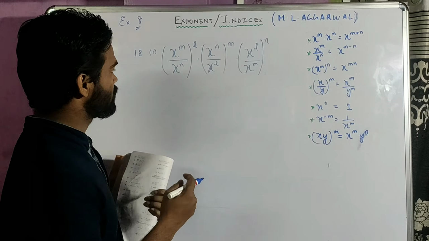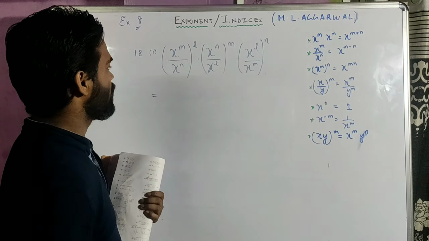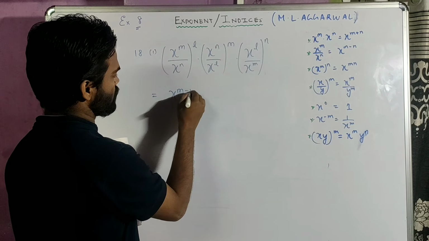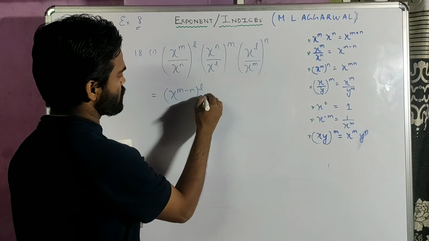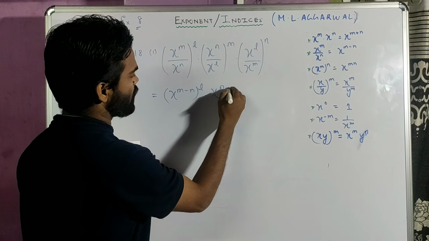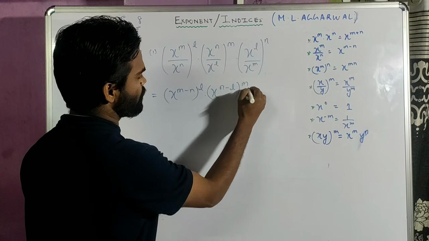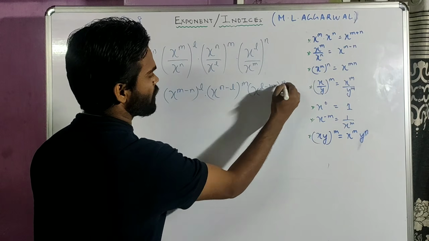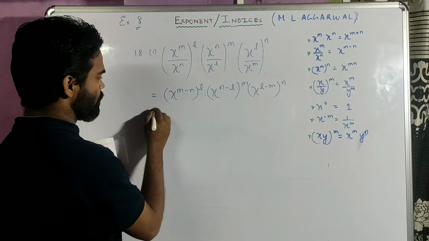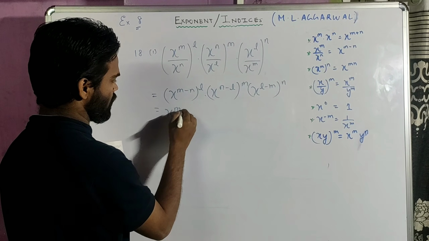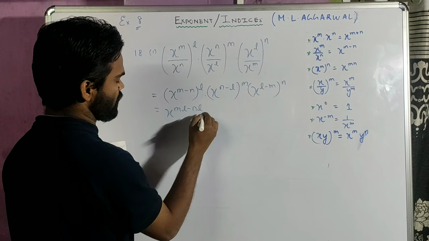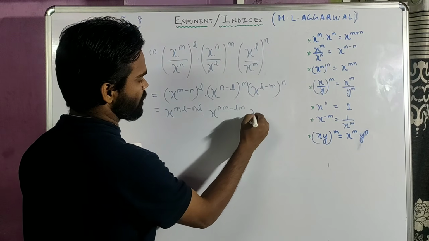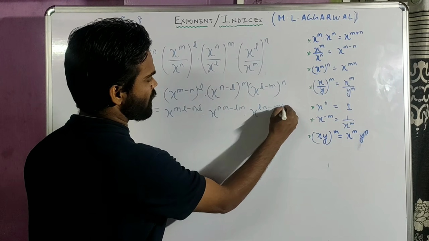Now look at this sum. Simplify this. Now we know if base is the same, you can subtract the power. So this is same over here, n minus l to the power m, same minus over here. Now when you simplify this, the power gets multiplied, so this becomes x to the power ml minus nl multiplied by x to the power nm minus lm multiplied by x to the power ln minus mn.